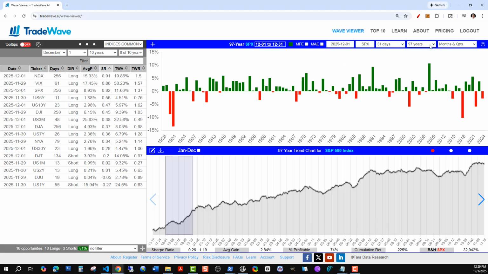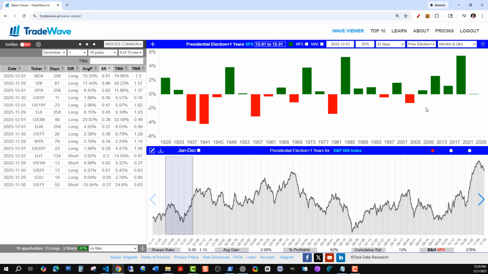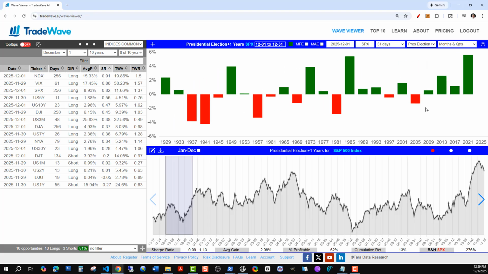However, it becomes super interesting when we select PE plus 1. How about the year after a presidential election, which is going to be very interesting here. So let's first take a look at the last 10 periods, which would be since 1985. You see that only 2 of the last 10 PE plus 1 periods were negative.